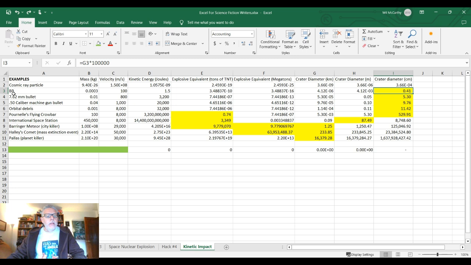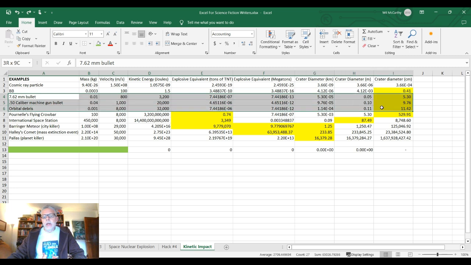Now we can size this up. We can look at a bullet fired by an AK-47, for example, and that gives us a weight of about 10 grams and a muzzle velocity of about 800 meters per second.